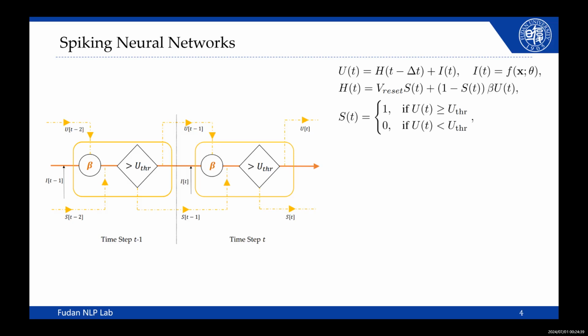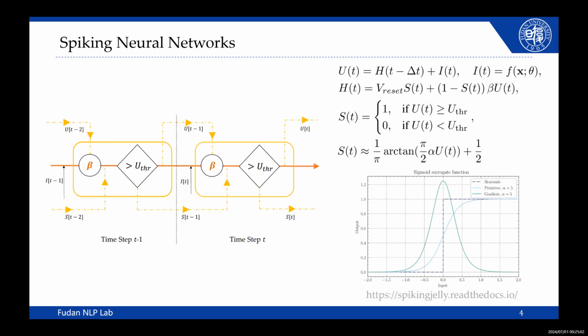The S_t is the Heaviside step function that is not differentiable. At every time step, S_t will decide whether the LIF neuron fires. A very popular strategy is to regard S_t as this equation so that we can calculate its gradients. This is a figure that shows how the surrogate gradient works.